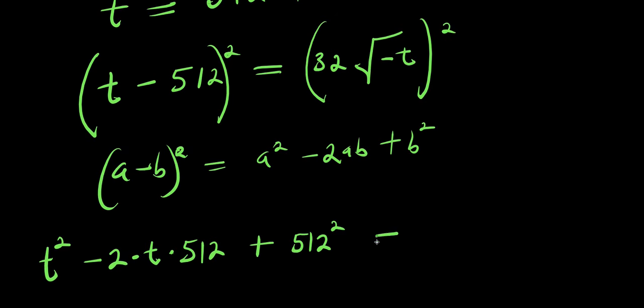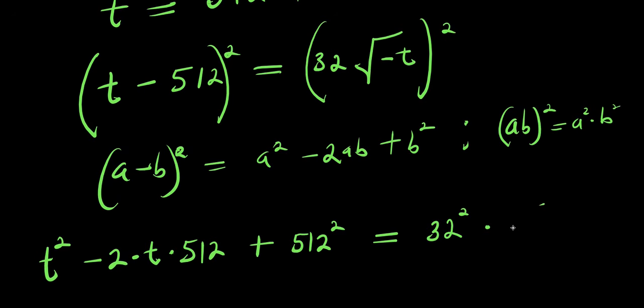And this equals, for this part here, if you have ab raised to the power of 2, this equals a squared times b squared. So we are going to have 32 squared times root of minus t to the power 2. That means we are distributing this to each of the terms here.